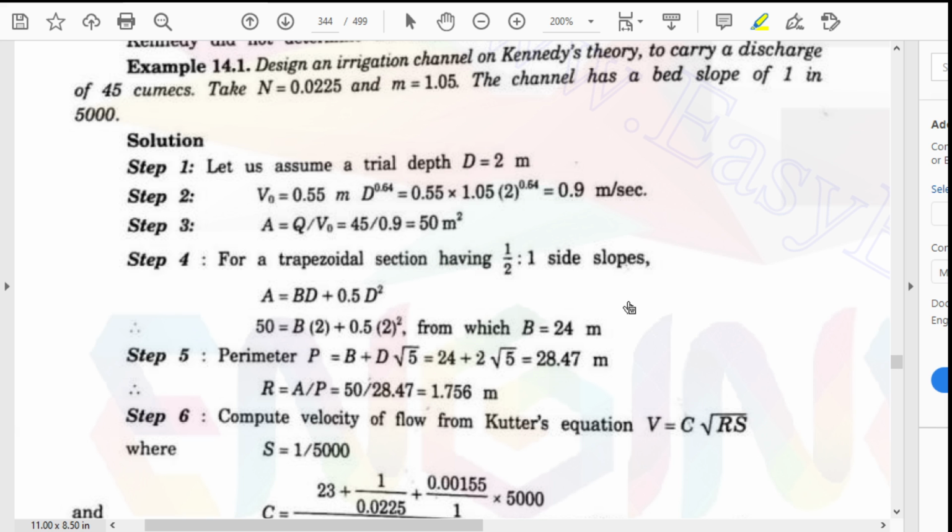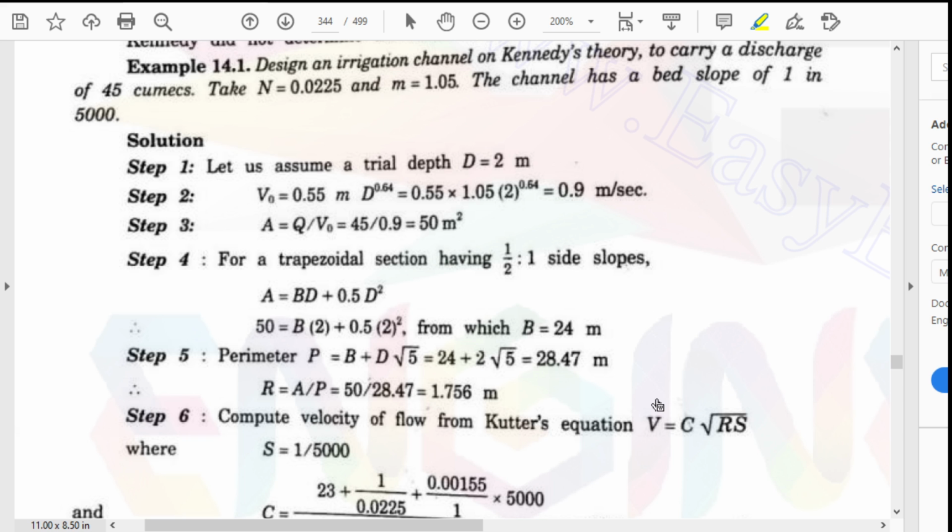Here the D value we assumed as 2 and area we calculated as 50, so the only unknown is the bed width B. Substitute the depth and area, and you will get the value of B as 24 meters.